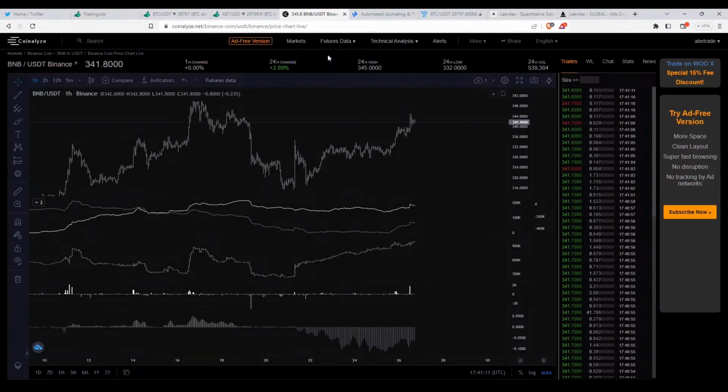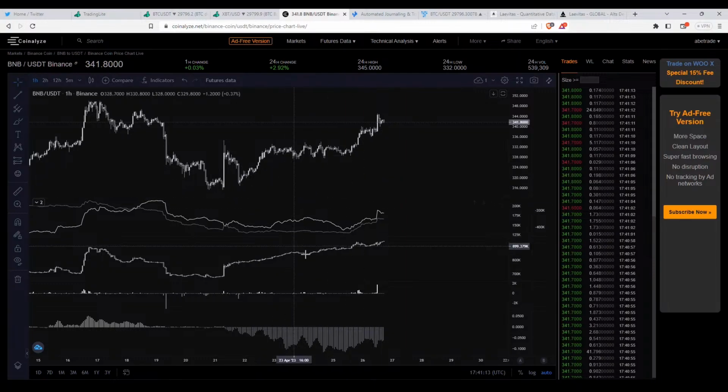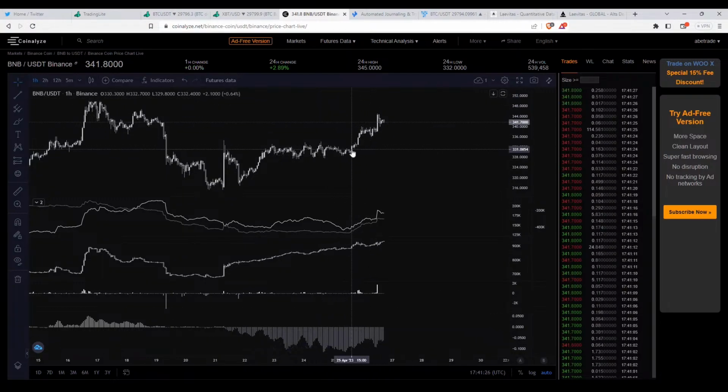But you can even see BNB, with this kind of Ponzi fundamental thing baked in, where obviously it pays a lot to be in a long position, still didn't move all that much compared to BTC.